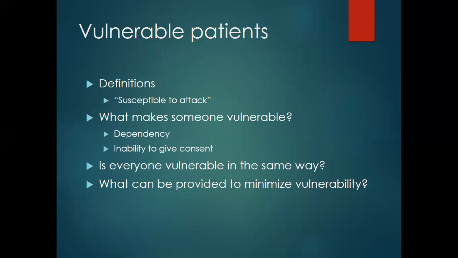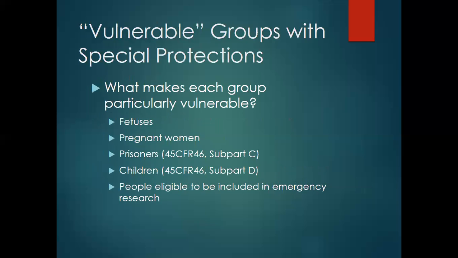However, we need a way of saying that there's a group of people or patients, whatever term you like to use, that really needs special protections, and what we can do to minimize vulnerability and risks based on a person's ability to consent to clinical research.